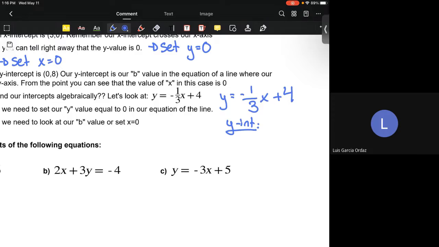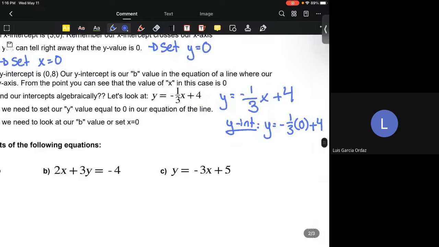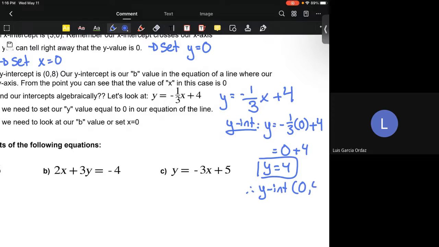You just plug in 0 for X, and that's it. So I'm going to get Y is equal to negative 1 over 3 times 0 plus 4. Anything times 0 is what? 0. So I get 0 plus 4, which means my Y-intercept is going to be 4. Therefore, my Y-intercept is 0, comma 4.